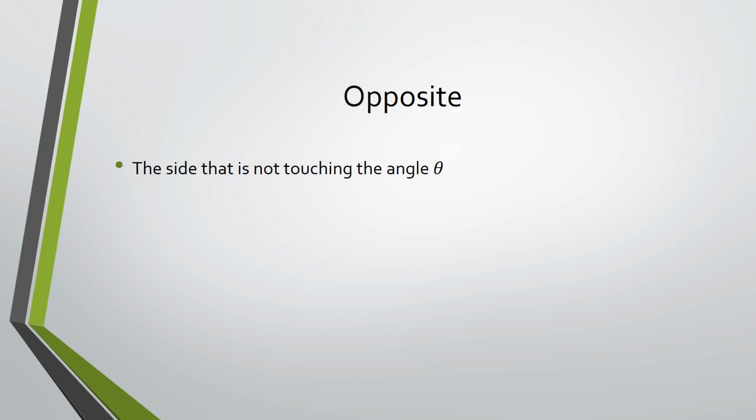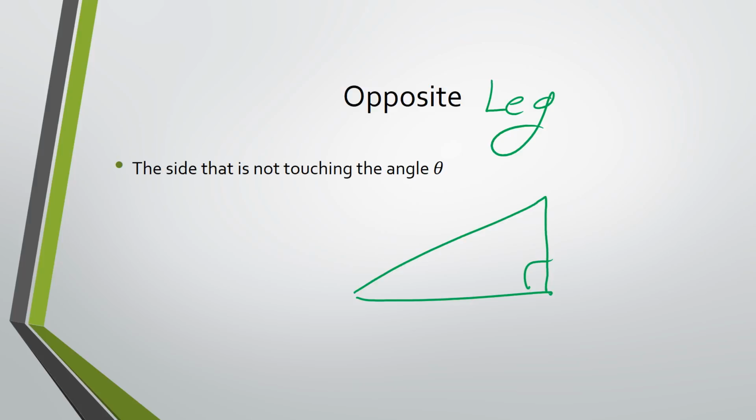The next thing you need to know is the opposite side, or the opposite leg, I guess would be a more apt name for it, since it is the side that is not touching the angle theta. So for any triangle we'd have some angle theta.